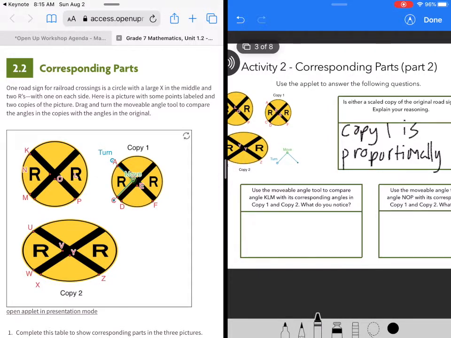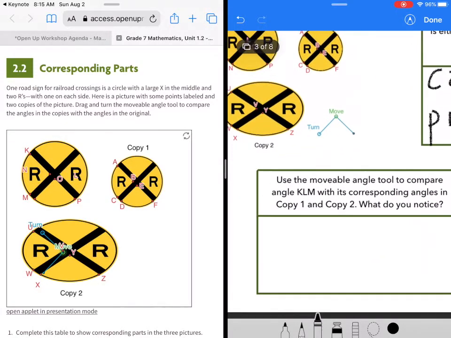Well, on copy 1, it's exactly the same size. On copy 2, the angle is much bigger. So on copy 1, it is the same size.